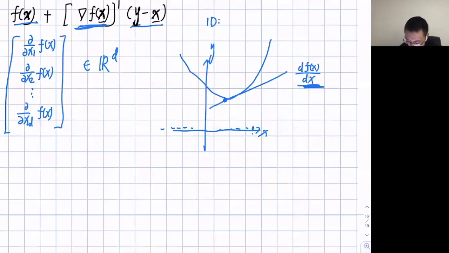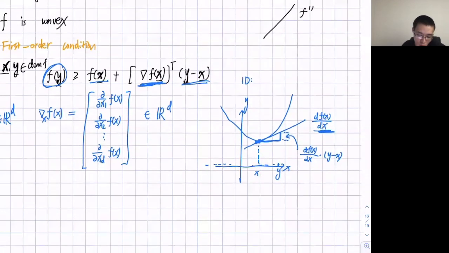Suppose y is here and x is still here. Then y minus x is this length, and this is the slope. The slope is the ratio of this segment divided by this segment, and you multiply by this length, then you get this part. So this part is precisely df of x by dx times y minus x.